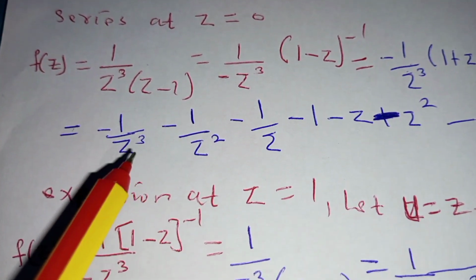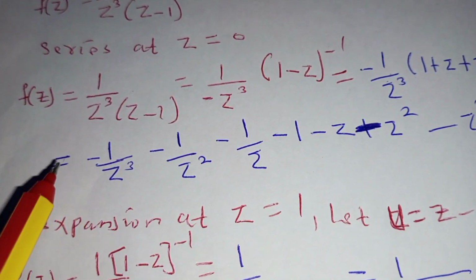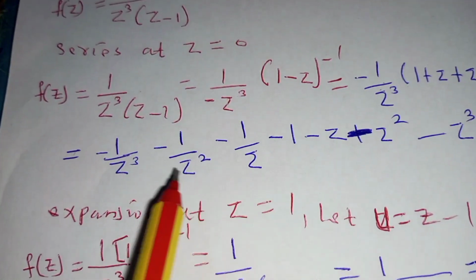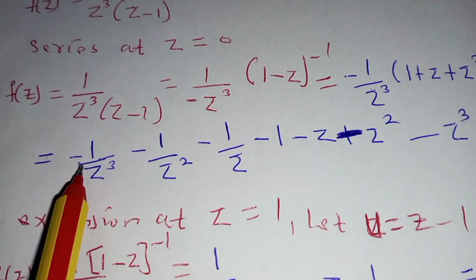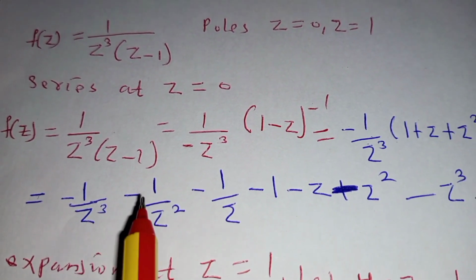After expanding, we remove the bracket by multiplying every item here with the negative, so that now we get the result as written here.